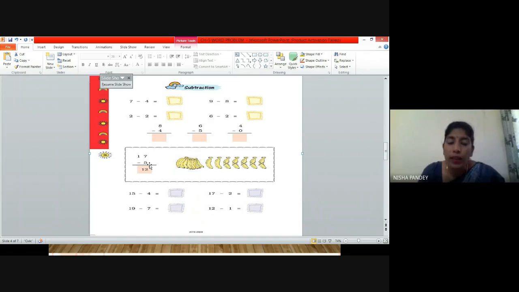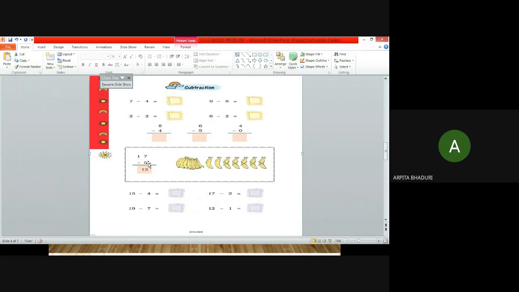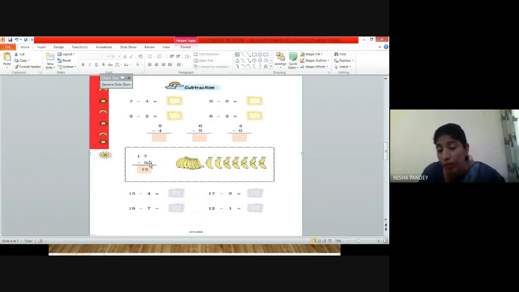So a single digit number will always be in ones place. But if we have a two digit number, it has two numbers. One will be at tens place, another will be at ones place, right? This will be at tens, this will be at ones. So this is a single digit number and this is at ones place. So we'll put these two friends together because 7 is at ones place and 5 is also at ones place. So they both are friends.